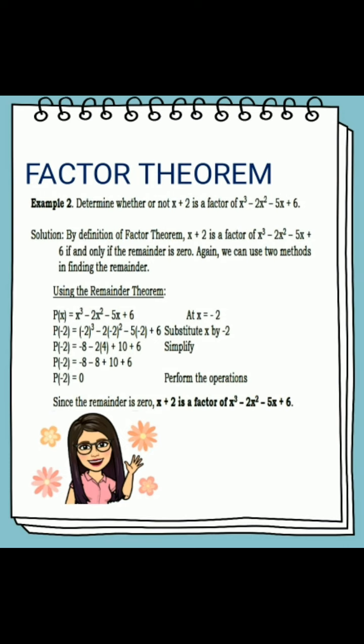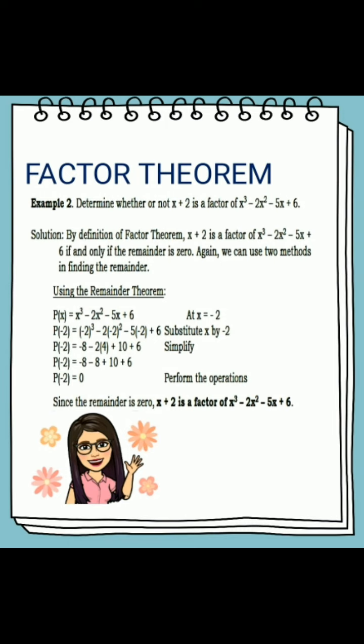Dito, yung binomial natin, in the form of x minus a, yung positive 2 natin magiging negative 2. So, yung negative 2, yung isa-substitute natin sa lahat ng x. We have p of negative 2 is equal to negative 2 raised to 3 minus 2 times negative 2 squared minus 5 times negative 2 plus 6.